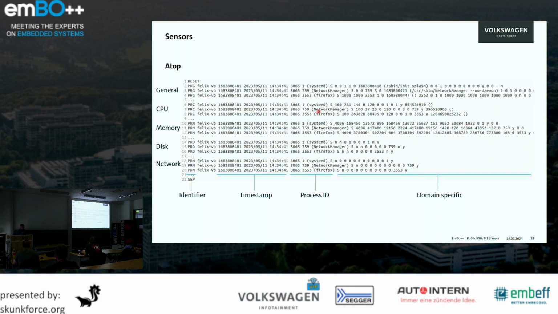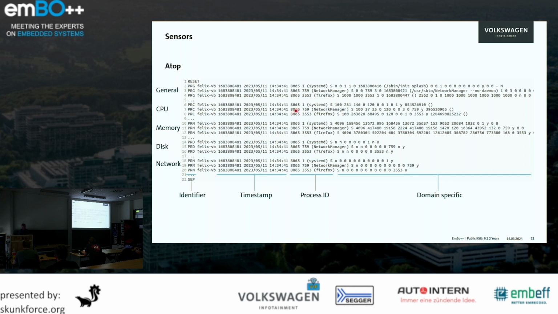So you have a general part with information like how many threads your process has already spawned, and a CPU part, memory part, disk part, and network part, which are identified here in the front. Then you get some general information like timestamp and process ID. So all the lines here are generated for one timestamp.